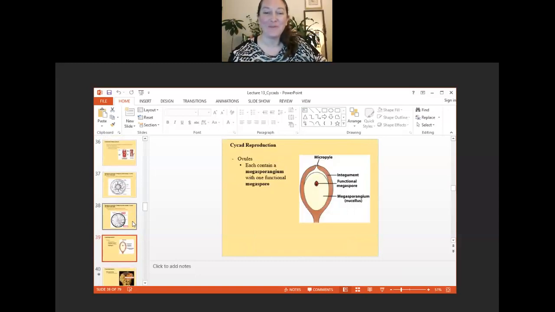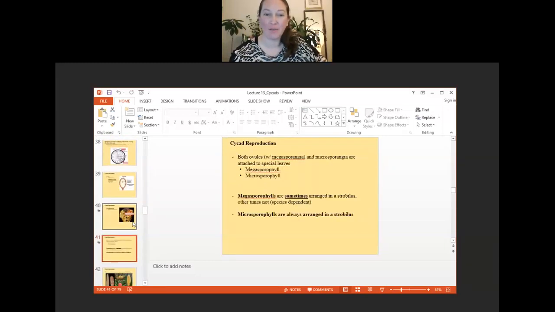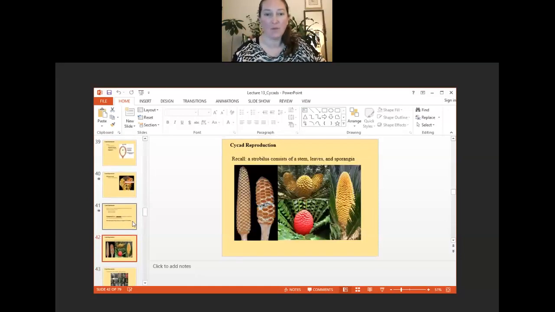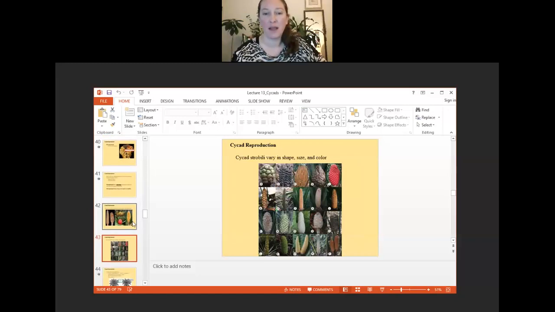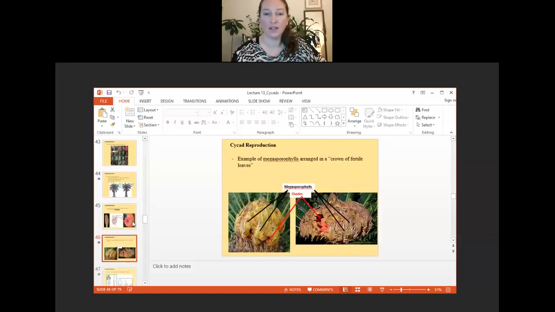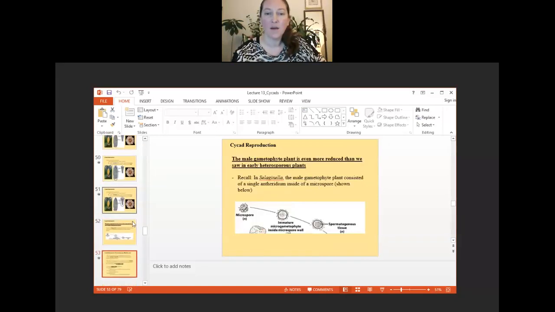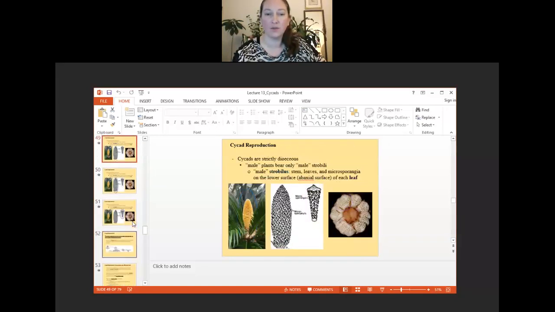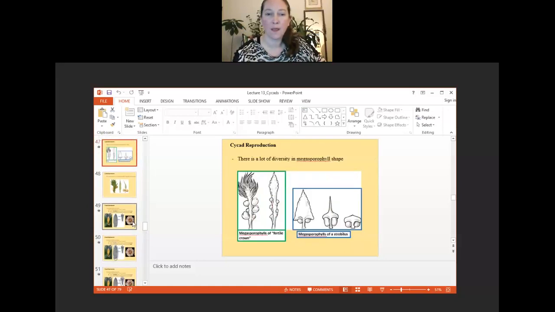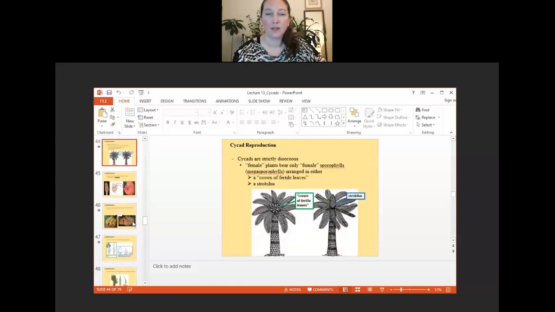But yes, we talked about the parts of the sporophyte plant, and then we talked about male and female sex organs and where they're located. Maybe that's a good place to recap, so I'll start around there.